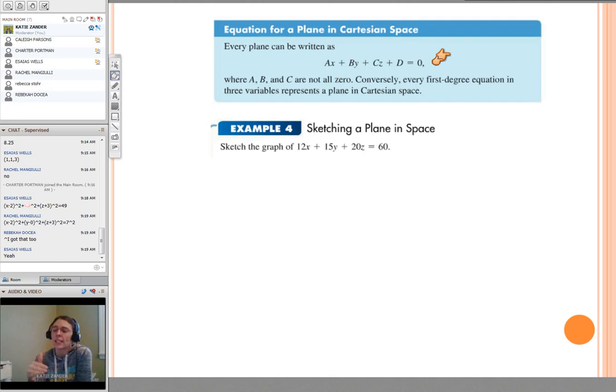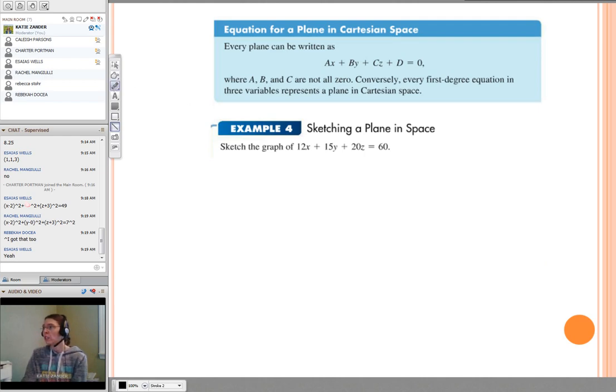We're going to use that same approach here, only instead of having a line as our final answer, we're going to have a plane that represents our final answer. Right? So to sketch the graph, it's going to look like a plane instead of a line. But I still want to use the intercept form to help me find those x, y, and z values.